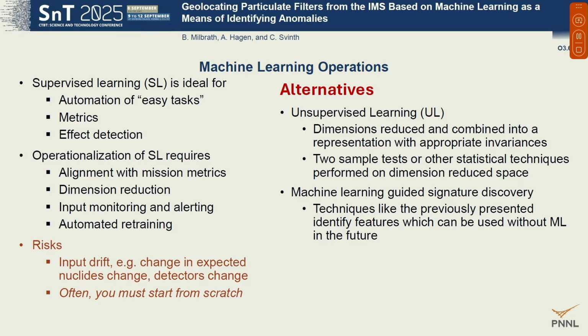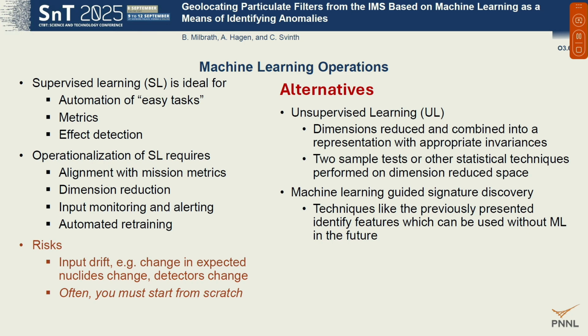So supervised learning is ideal for easy tasks, and to operationalize it, you would need to come up with some metrics. You would want to pick the false alarm rate you're willing to live with, that you're going to investigate.